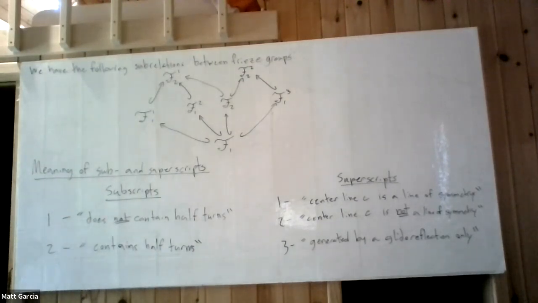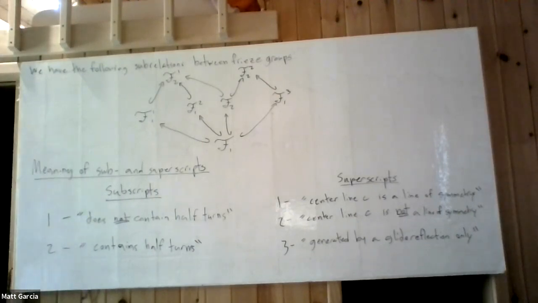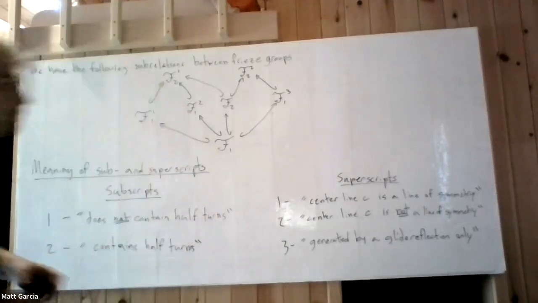Well, it turns out it's really not that hard. There's a simple flowchart that we can write down, a series of questions you can ask yourself about a given frieze pattern to determine what its group of symmetries is. So let's talk about that now.